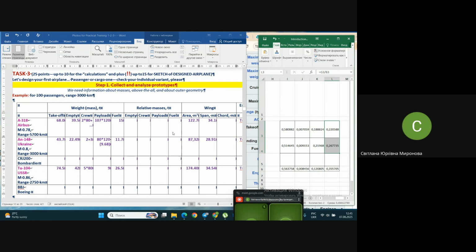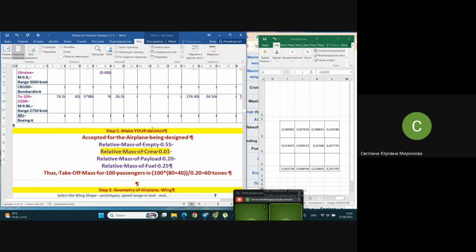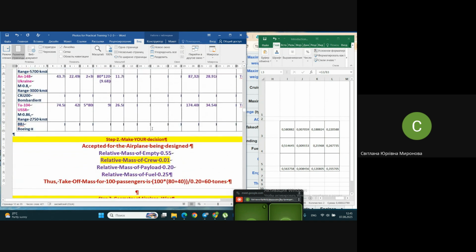Now it's our turn to make our decision. Here we need to fill, of course, this table, to copy this data. Do permit me, I will not do it in front of you once again in order not to waste time. Our decision. Step number 2.